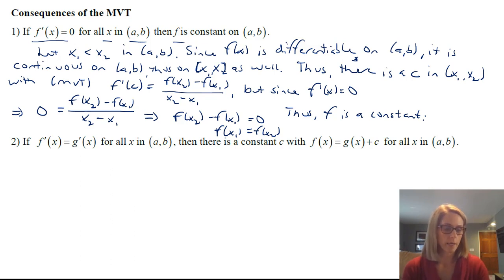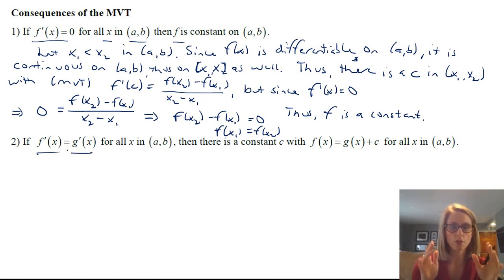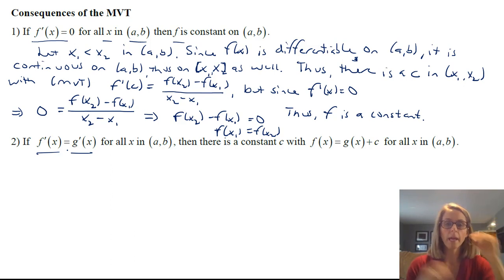And I'll just mention the second one, and then I'll show an example of it. So number 2 here says, if the derivatives of two functions are the same for every single value on an interval, so it means the slope of the tangent line for both of those functions is the same at every single point, it means that there is some constant c.